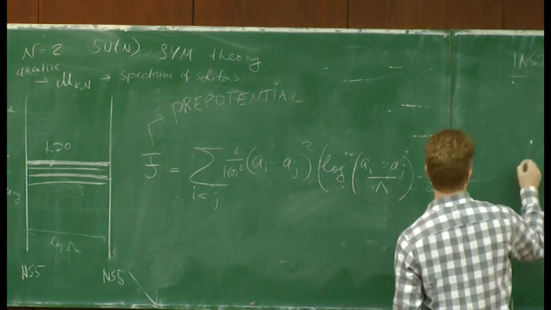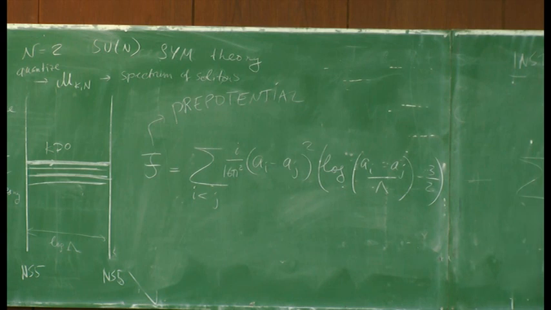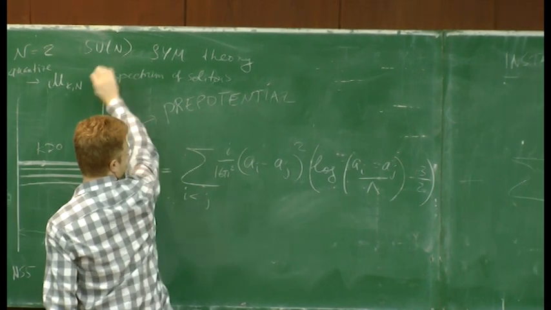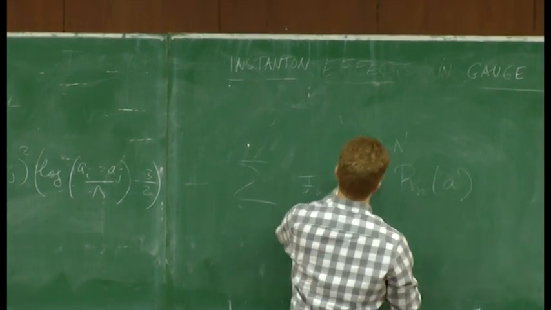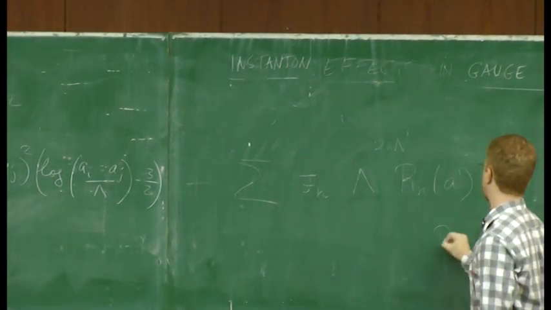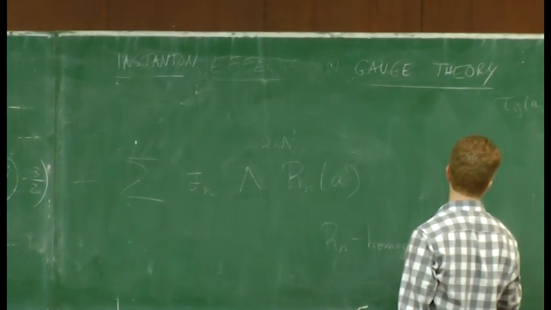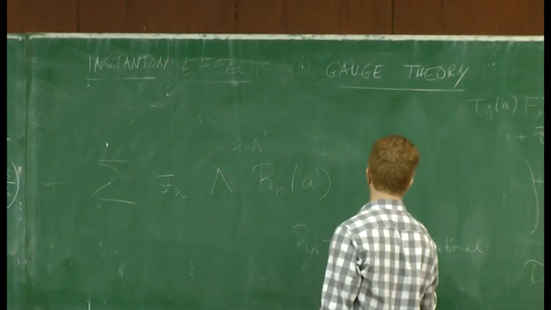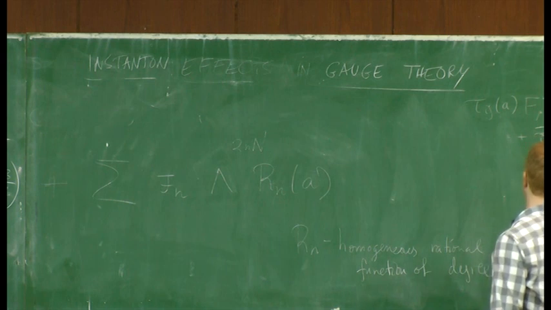So by dimensional counting, you can argue that, so I'm talking about the pure SU(N) N=2 theory here, but we could make this discussion more general, where R_n is a homogeneous rational function of degree 2 minus 2n.